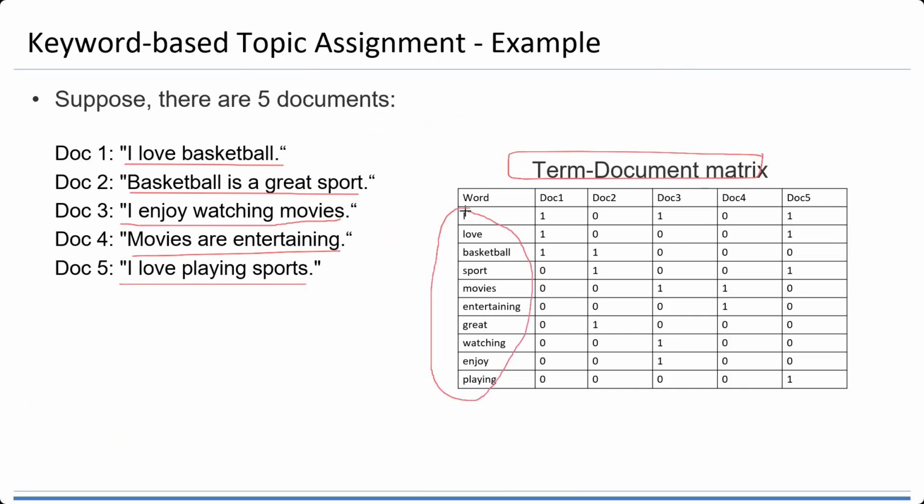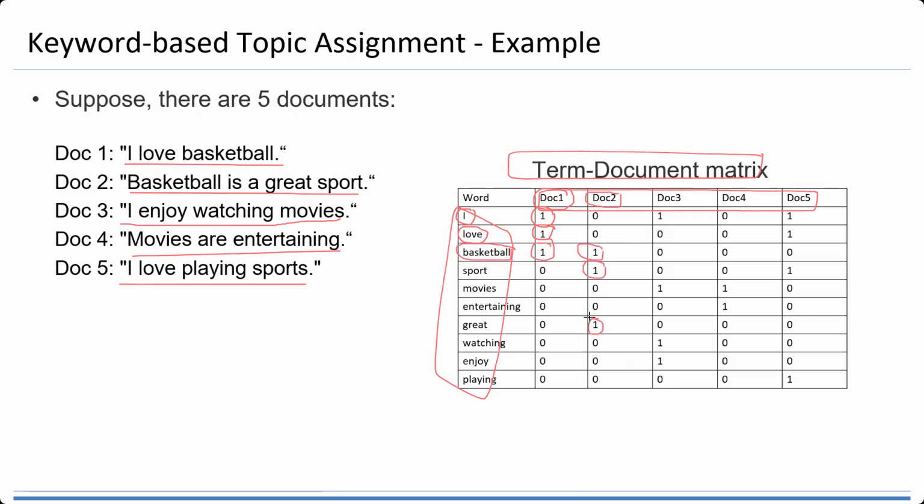This is the term, and this is the document. In document 1, I have the word I, 1. I have the word love, 1. And I have the word basketball, 1. In document 2, I have the word basketball, 1, sport, 1, great.